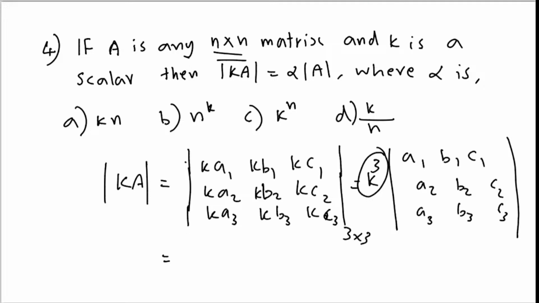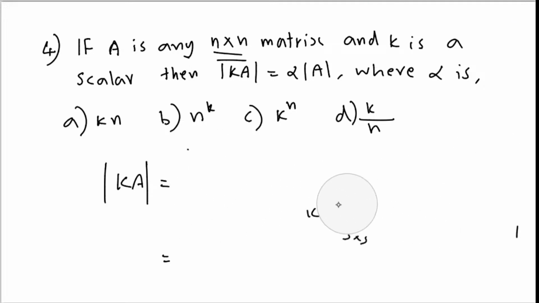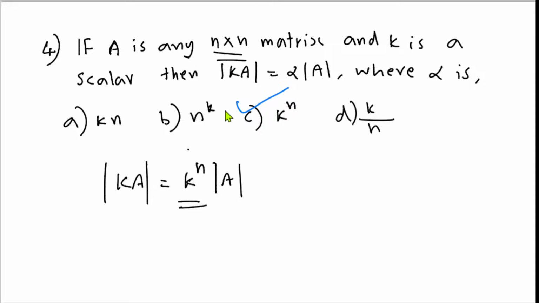So our answer is option C, K raised to n. Such a simple property, yet it just explained how we can take one element common and write the determinant. Okay.